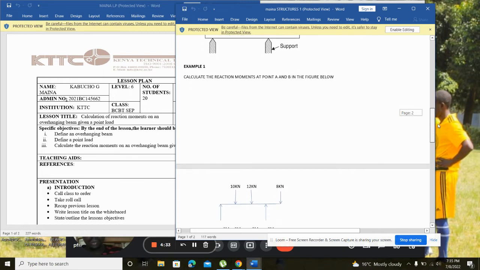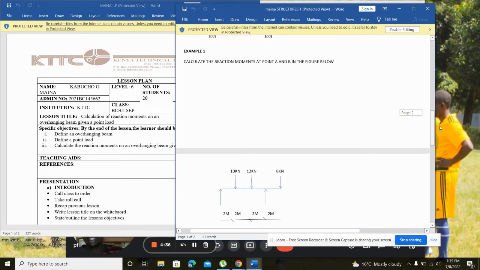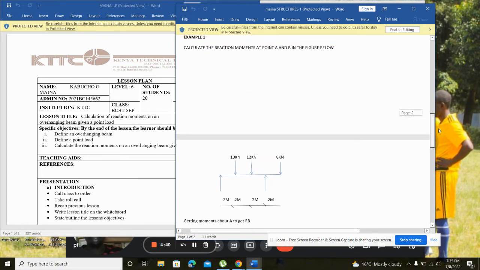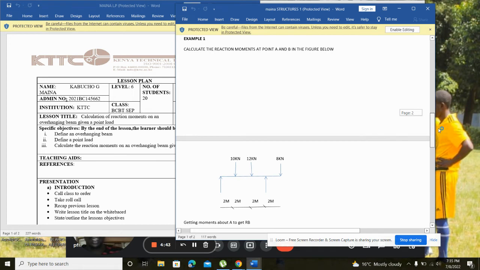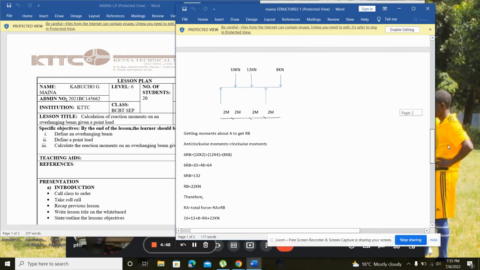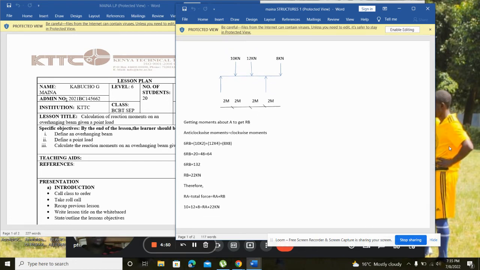Now we are going to enter objective number three, which is how to calculate the reaction moments at point A and point B in the figure given via WhatsApp. I hope every one of you is seeing that figure. Now, when we want to take moments about A to get the reaction at B, we always say anticlockwise moment equals clockwise moment.